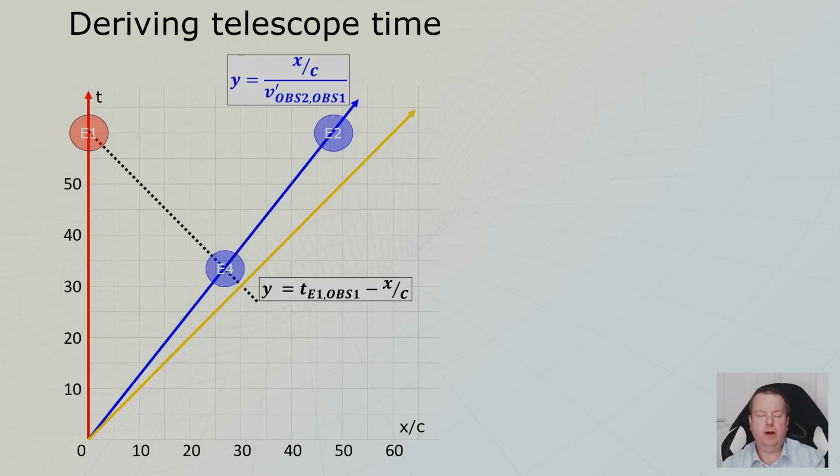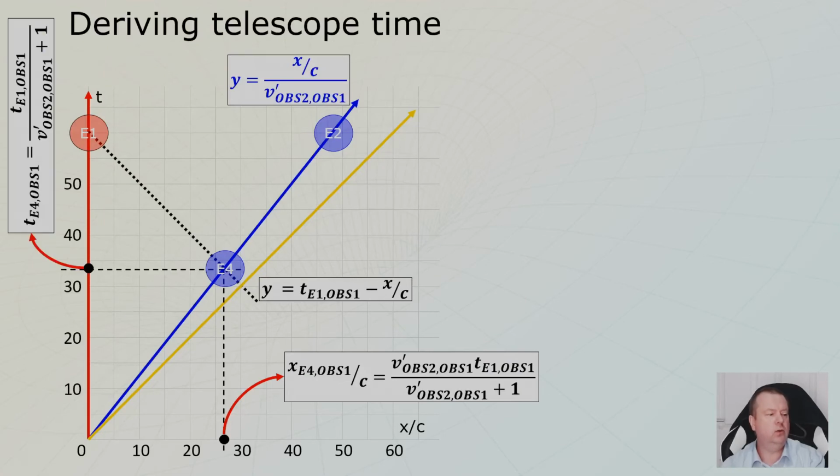And now we want to find the coordinates of event number 4, because event number 4 is when light started to travel from the train back to the telescope in the house, reaching that telescope at 60 seconds on the clock in the house. That's event number 4. And the X and the T location are here.